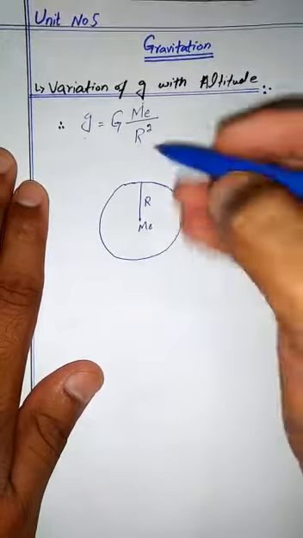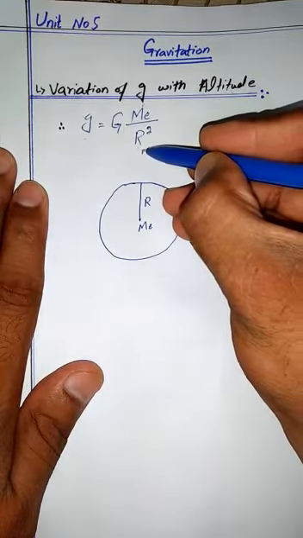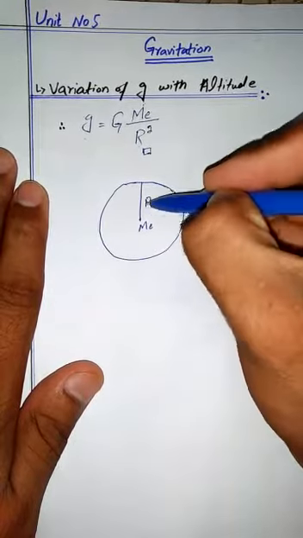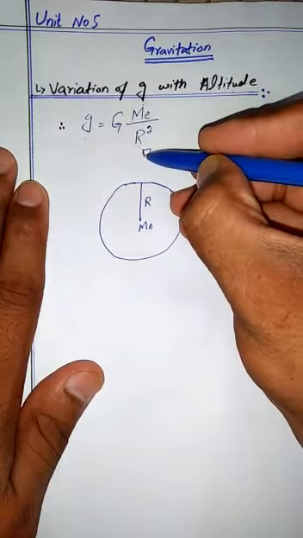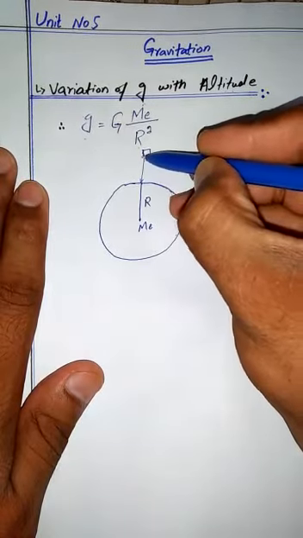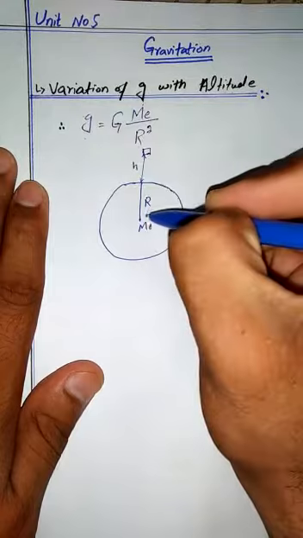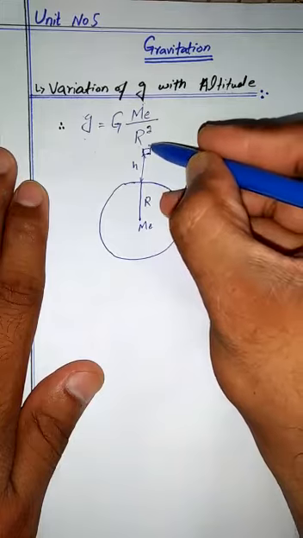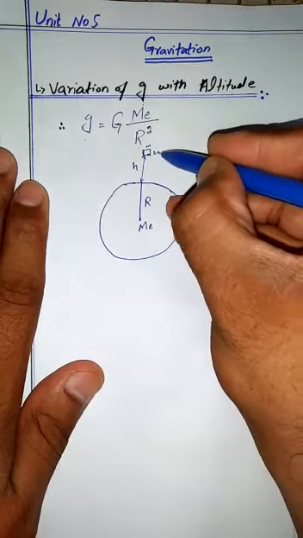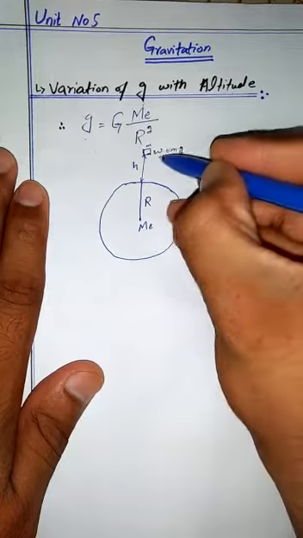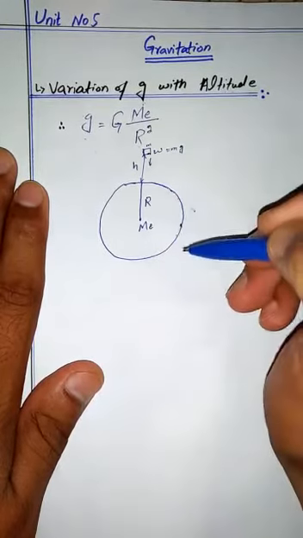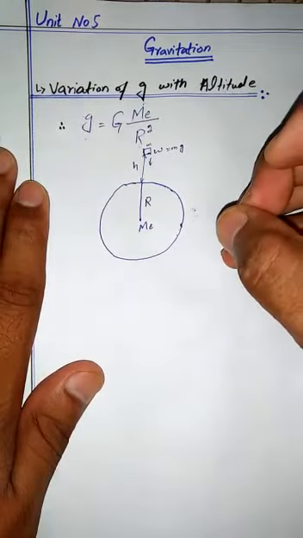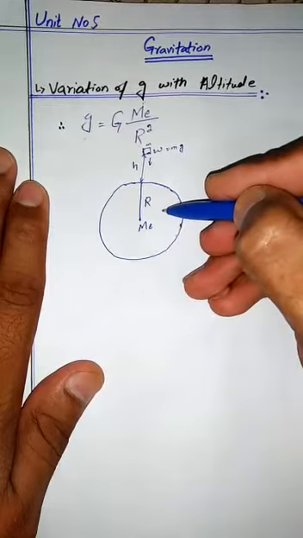Let's suppose we have a mass above the surface like this, and the distance between the earth's surface and this object is h. Now the weight of this object, W, is equal to mg, acting downward, because both objects attract each other by the force of attraction.